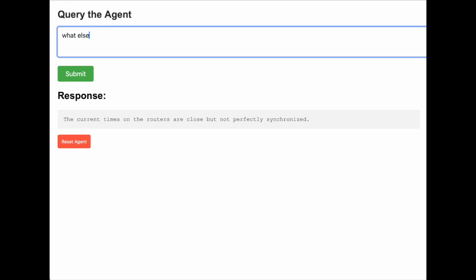Then I will see what else can you do for me? Can you check if there is someone doing work on the router by checking its logs? See?